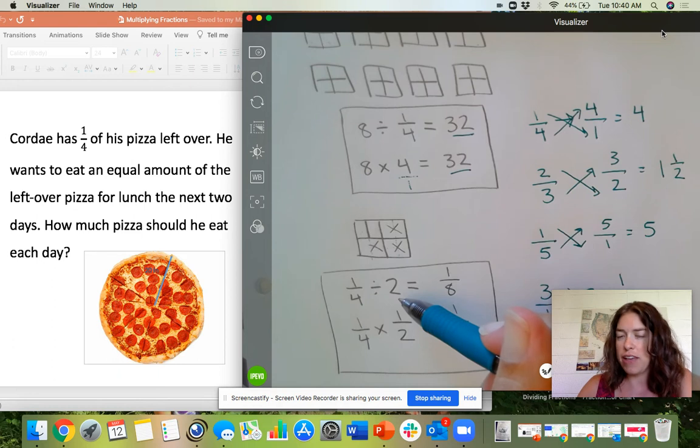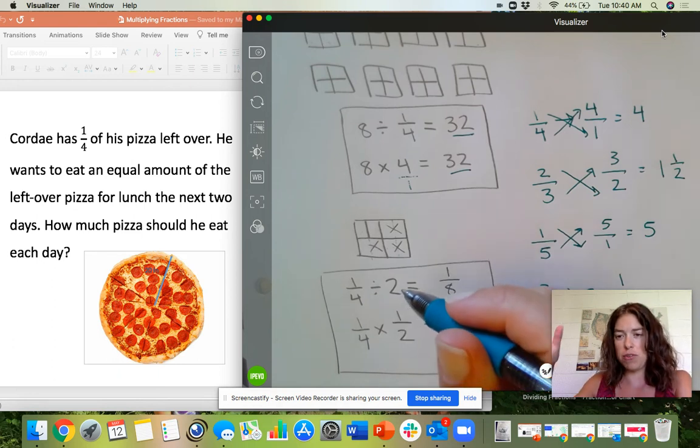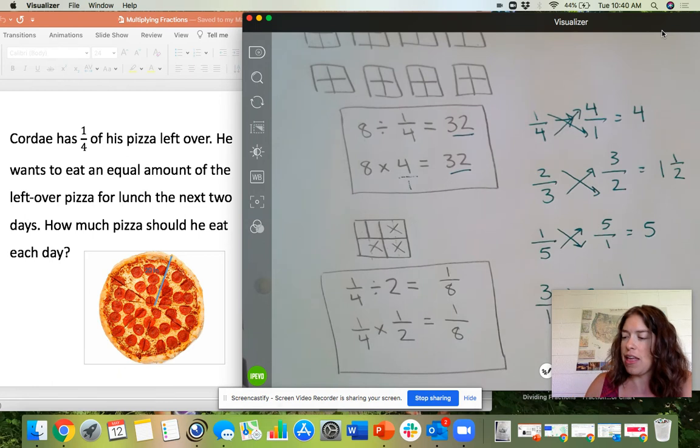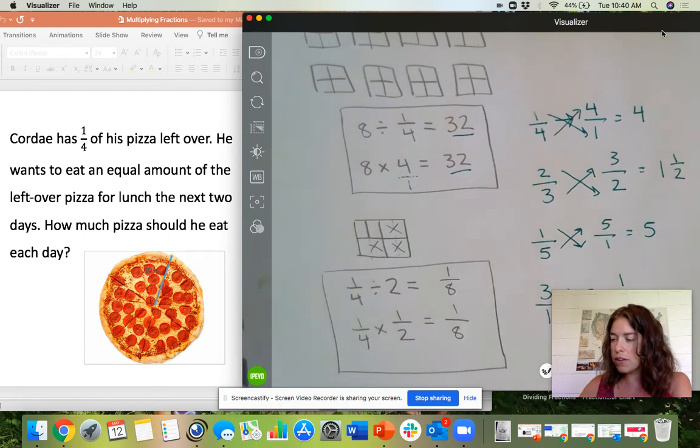Now I know 2 is actually 2 over 1, so it's like we just flipped it to be 1/2, but then that way I can actually multiply. Pretty cool.